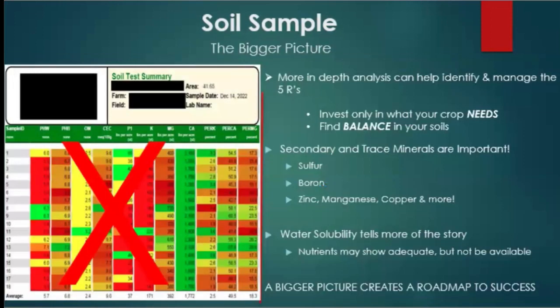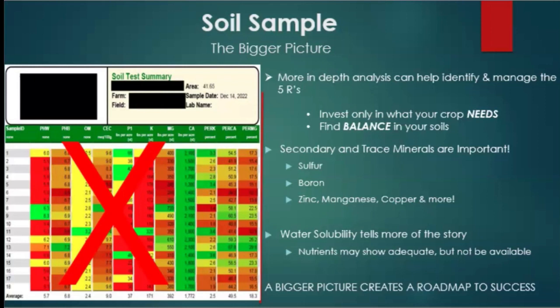So the soil sample is the bigger picture, right? Oftentimes what I see is, and I'm not bashing anybody or the way they do things, you'll get an incomplete picture. Like a lot of farmers, and I get it, this needs to be done sometimes. You only have so much time and resources. So you might have your co-op or whoever pull your sample.